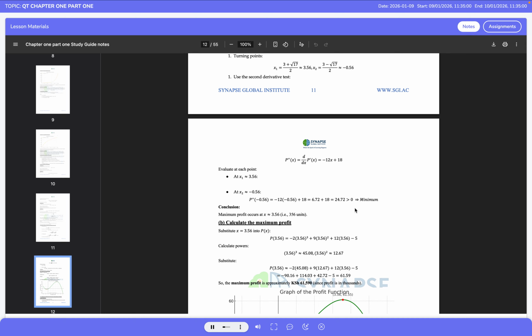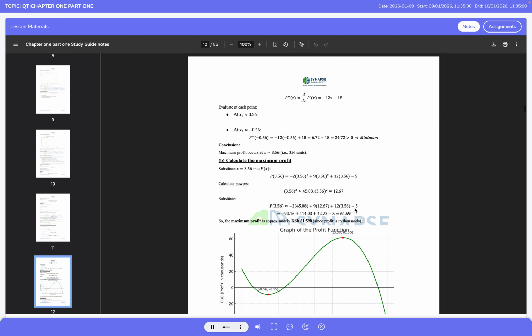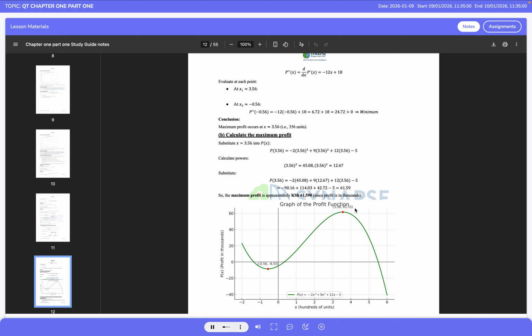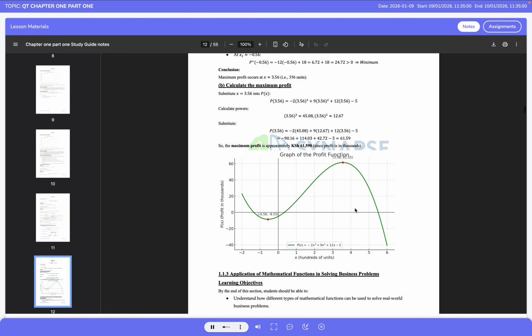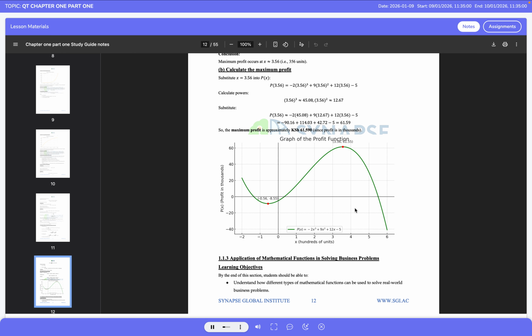Substituting x equals 3.56 into the original profit function gives a maximum profit of approximately 61.59 thousand shillings, which is about 61,590 shillings. The accompanying graph of the profit function visually confirms this result by showing the peak at around this level of output.